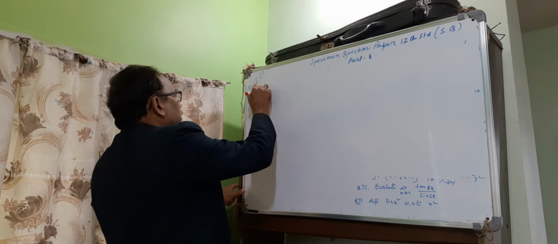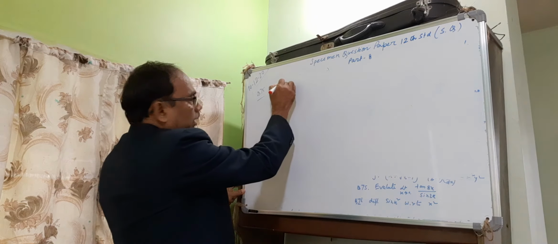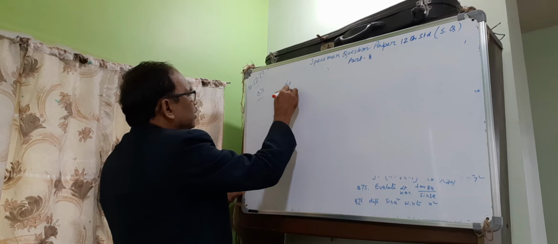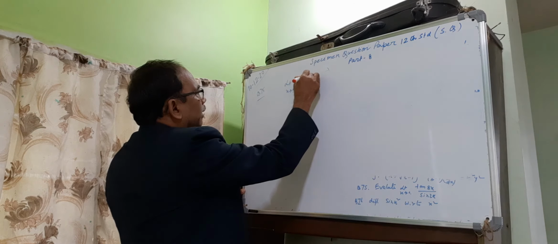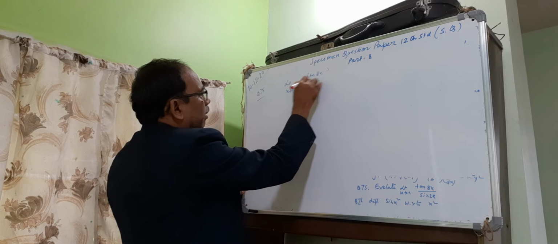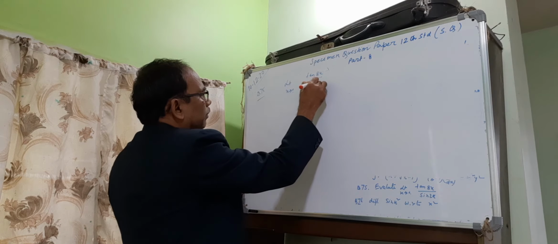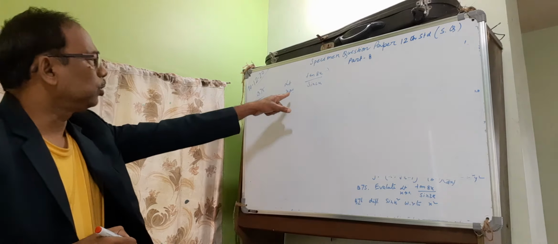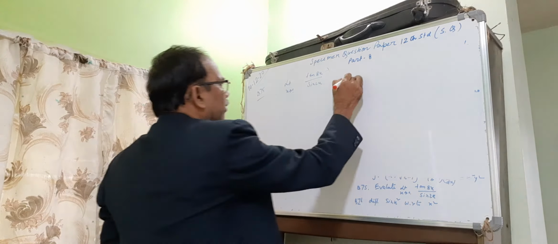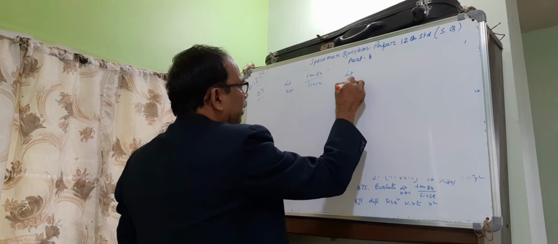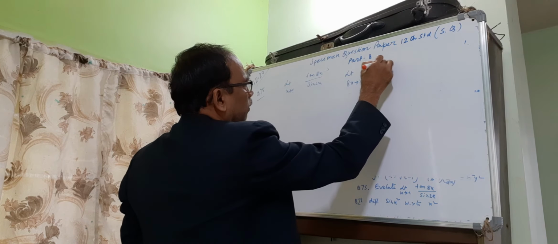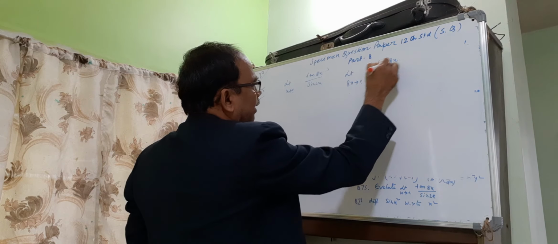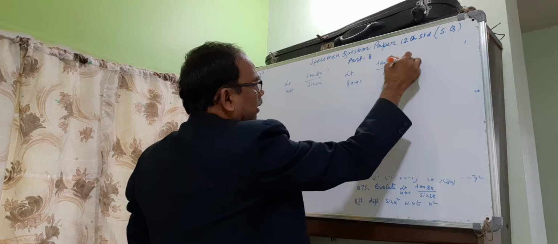Question number 75. Limit x tends to 0, tan 8x by sin 2x. We know if x tends to 0, then 8x tends to 0, we can write limit 8x tends to 0, tan 8x by 8x into 8x.